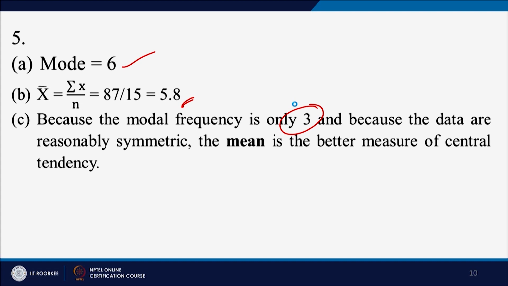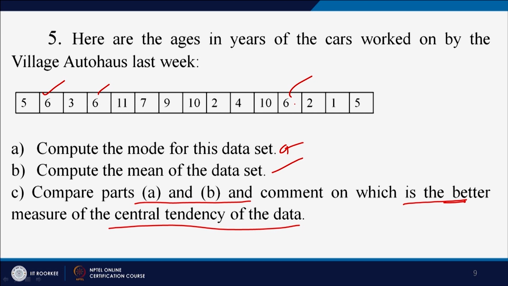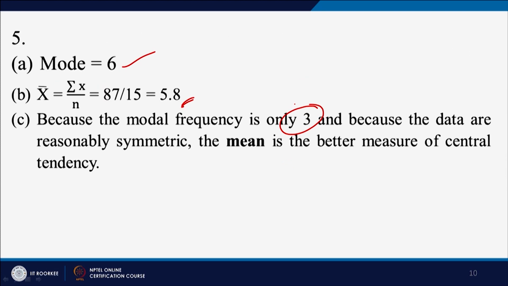And if you look at this data, it's fairly dispersed data, right. It's not a concentrated data, right. So, you can say that the mean is a better measure, right, because the data are reasonably symmetric, right. So, which is the final answer? Mean is the final answer here, right.